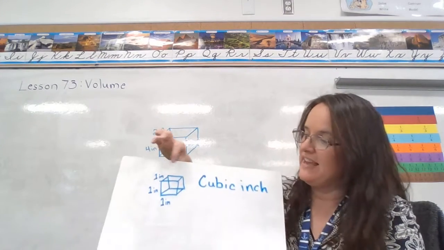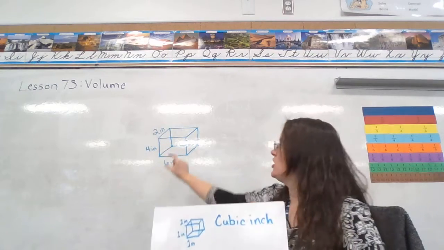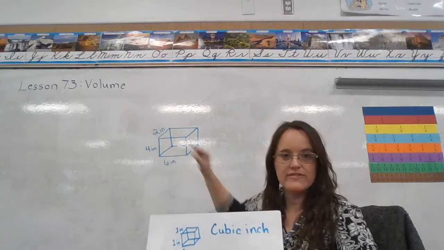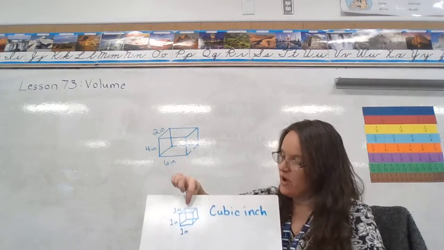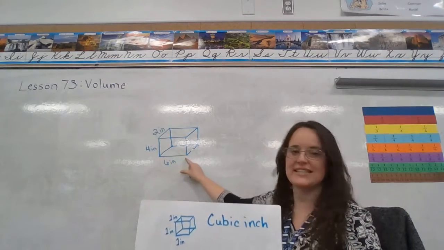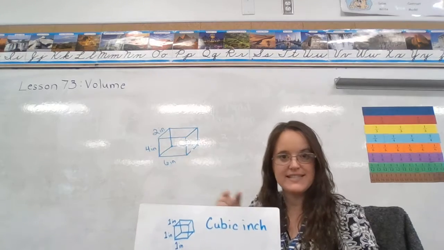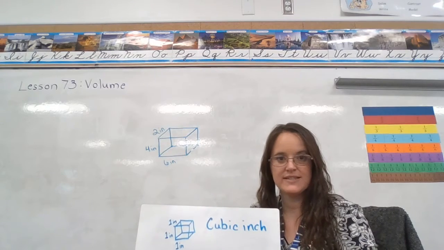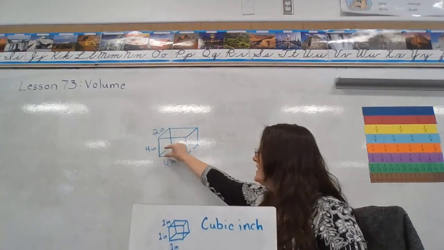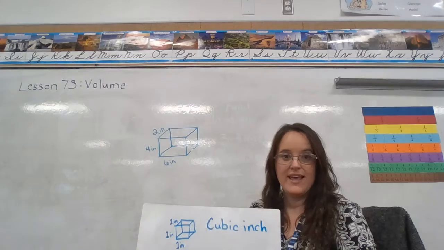So, if I have cubes, how many cubes would I lay across the bottom of this prism? These are all 1 inch wide, and this is 6 inches long. So how many cubes could I place side by side in this box? I could place 6 of them, one little row of 6 cubes.